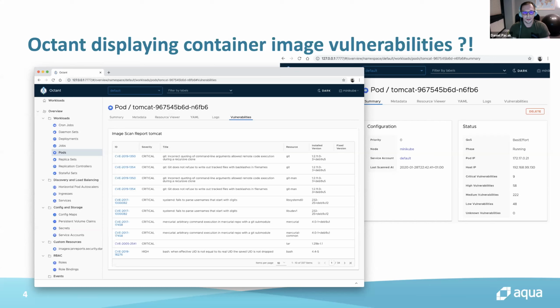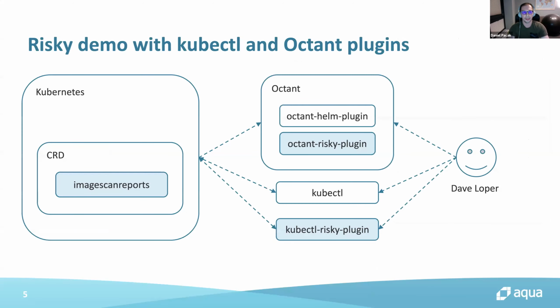All right, so then I saw the plugin system and I said, okay, let's put something together and see how it works. So this is what I came up with. There are 2 things. One is Octant plugins. You know it better than me. What is the Octant plugin, right? I can provide some UI and I can read some data from a CRD in this case.